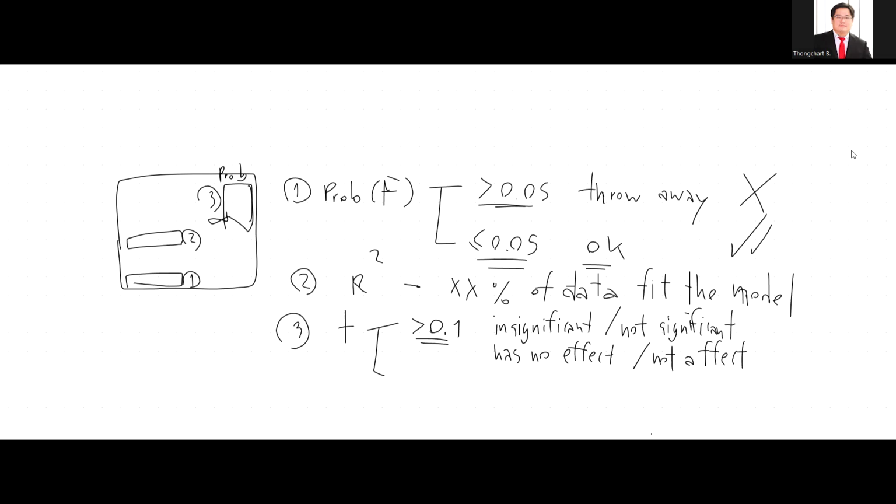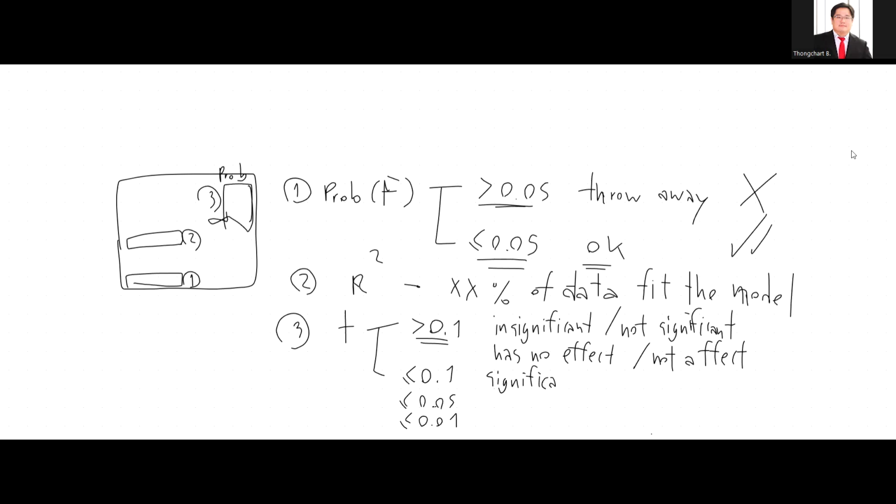You use a bunch of words like that. But if it's less than 0.1, you may divide into three cases: 0.1, 0.05, and 0.01. So all of them you call significant.